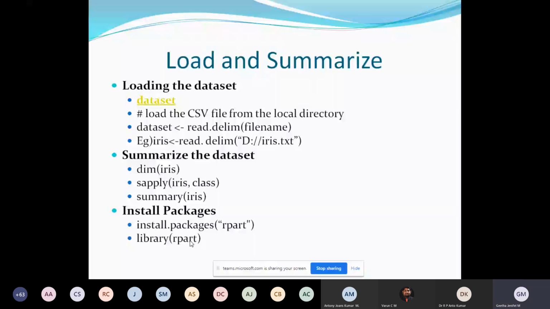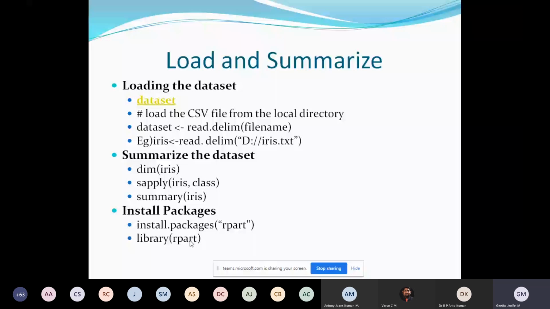So here I used one data set, that is iris, and I am going to build one model for predicting the species of iris flower based on the length and width of sepal and petal. This is the concept.